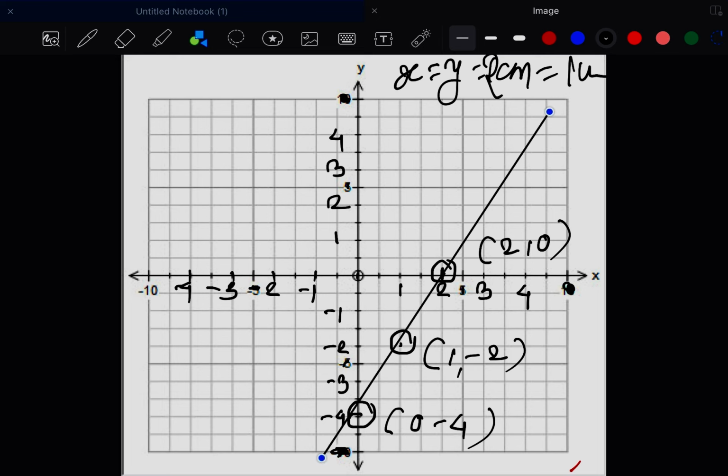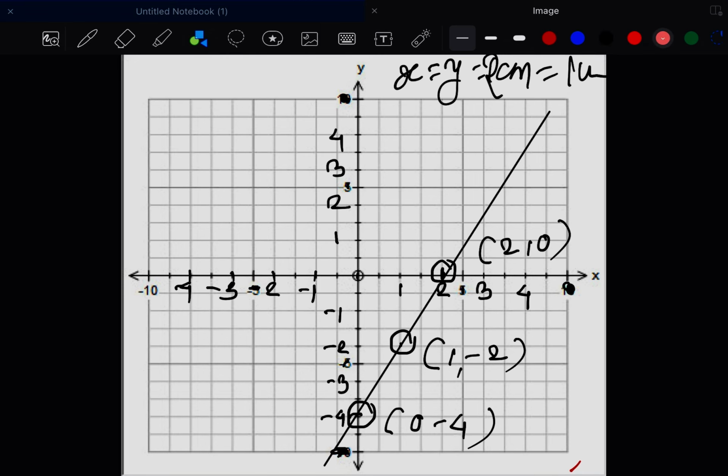Clear? Okay. So this is the graph for your equation. So what is the equation?